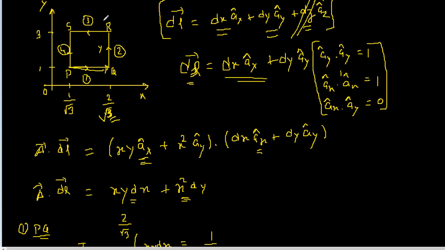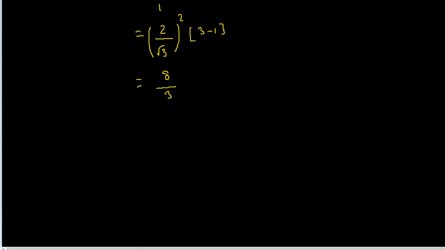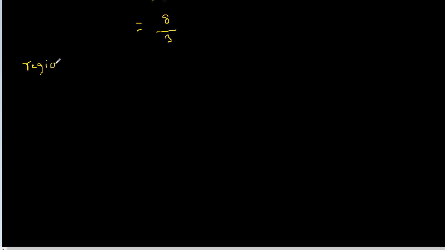Now take region third, RS. Okay, here in RS, the thing that is changing over here is only x. Okay, x changing, y kept constant, so we can neglect y over here. So now take region 3, integral RS.